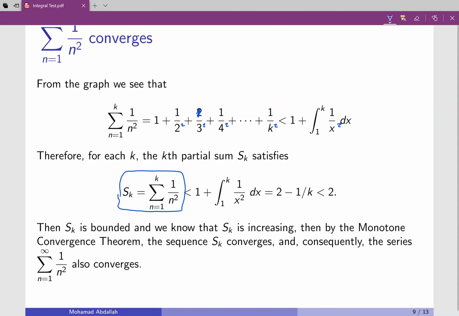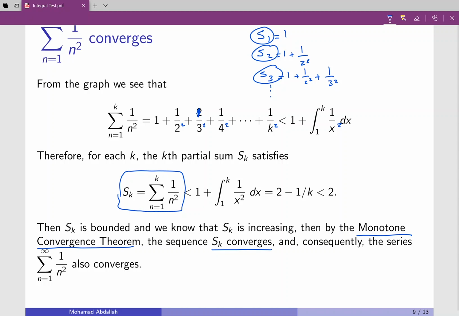So every time you are adding an additional number: s1 is 1, s2 is 1 plus 1 over 2 squared, s3 is 1 plus 1 over 2 squared plus 1 over 3 squared. So it's an increasing sequence. If you consider s1, s2, s3 as a sequence, this is a positive sequence and it's also increasing. So by the monotone convergence theorem, the sequence is going to converge, which means the limit exists.